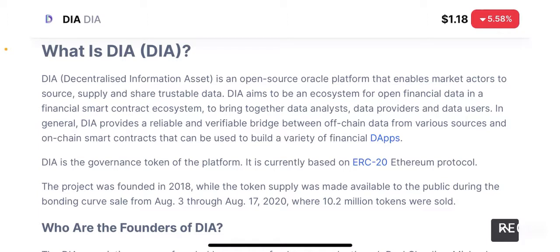So you need to make sure that you use the best oracle for developing dApps, and if you use DIA, you'll get the best possible data from both on-chain and off-chain sources in a much more reliable manner. So that's how their value proposition works.